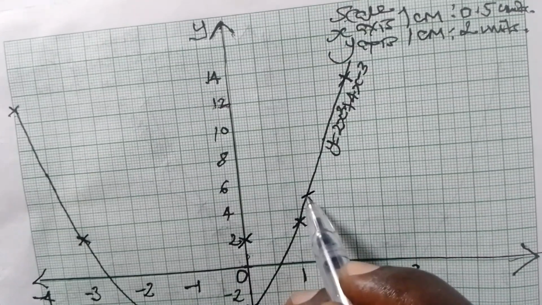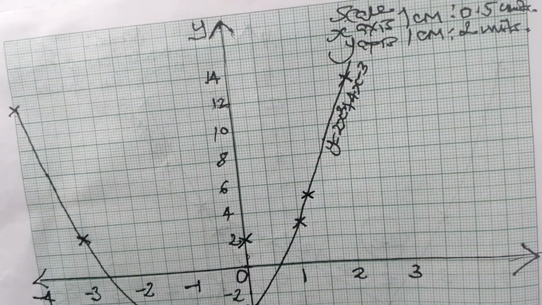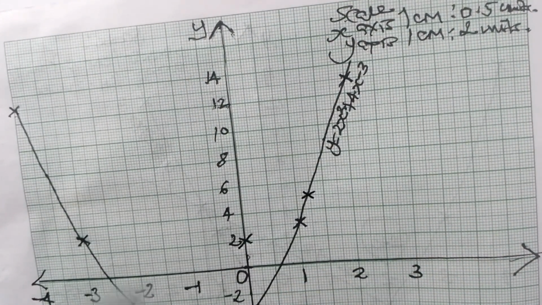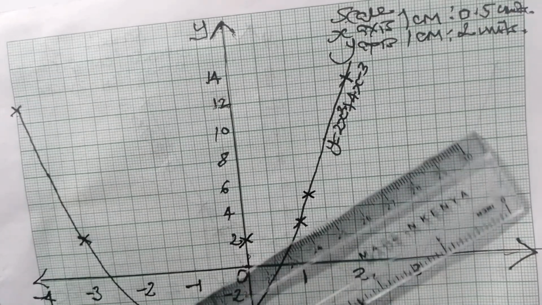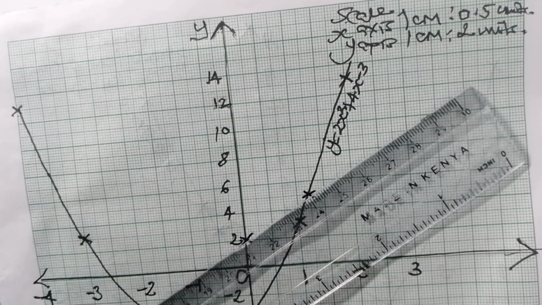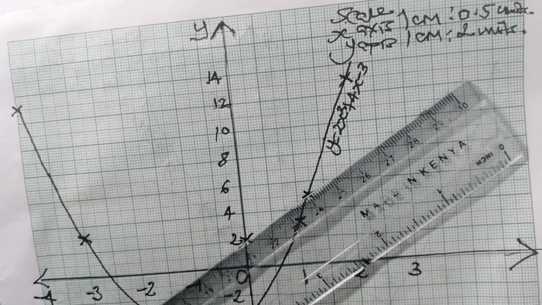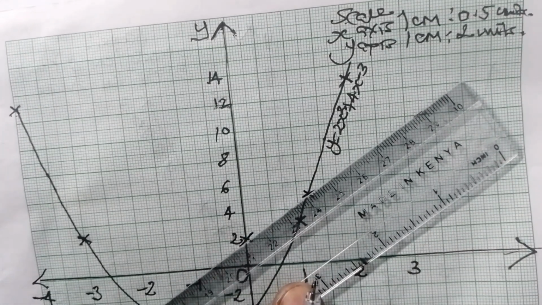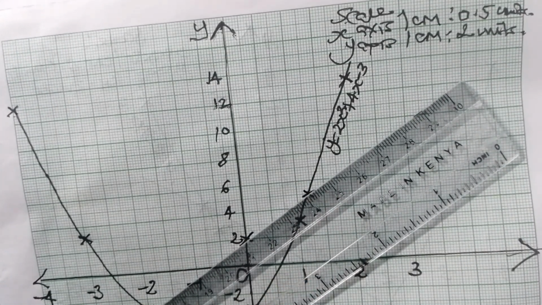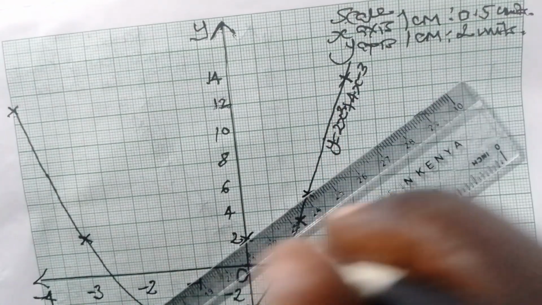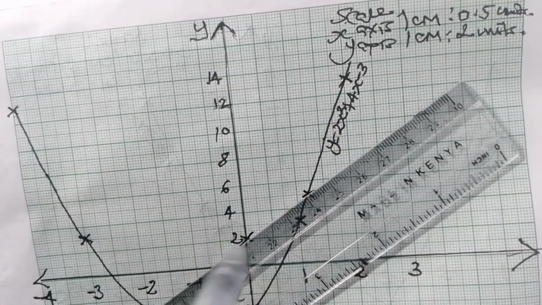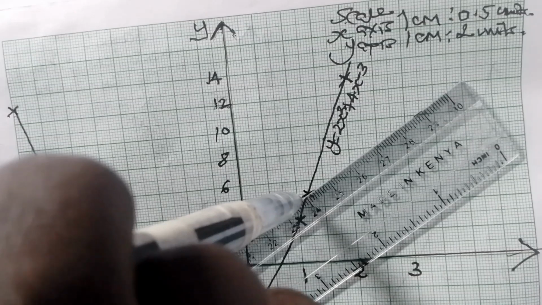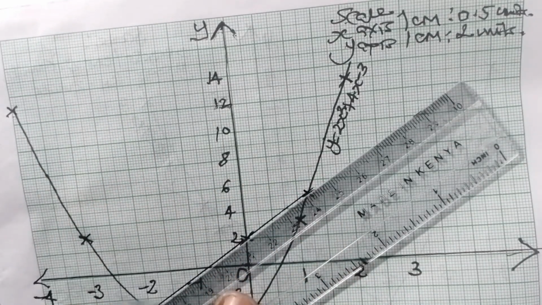Put a mark there, like that. And then get your ruler, draw or join these points using a straight line. Like that.